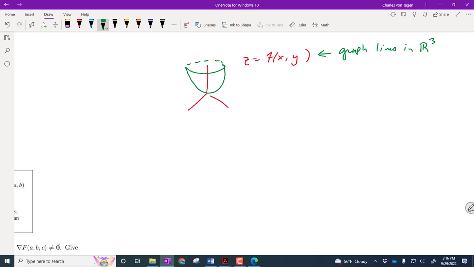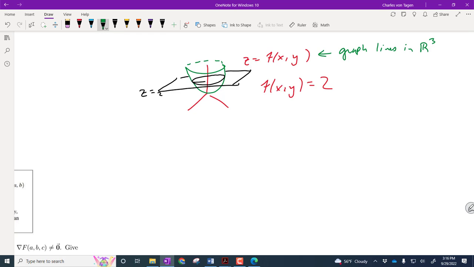The graph of this lives in R3. It's a function of two variables. Its graph lives in R3. Then, if I look at f of x, y equals 2, where I've set this equal to a number, then what am I finding? I'm finding a slice, and this slice would be this slice right here, where z is equal to 2. Right? And it would give me this curve right here.